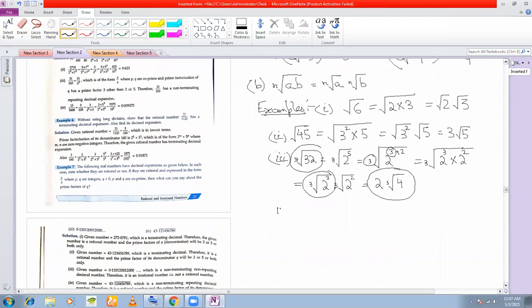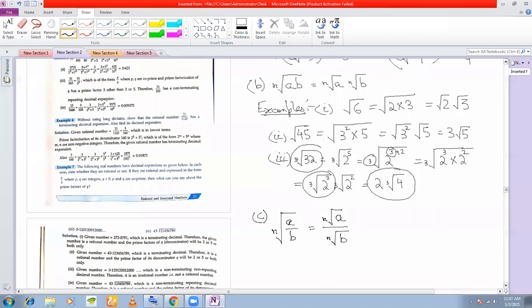Next, for the next property I shall discuss, property number C is that the nth root of a by b is the same as the nth root of a, the nth root of the numerator, divided by the nth root of the denominator.